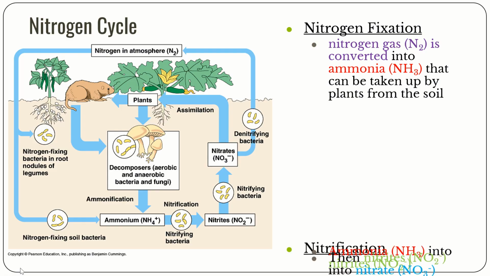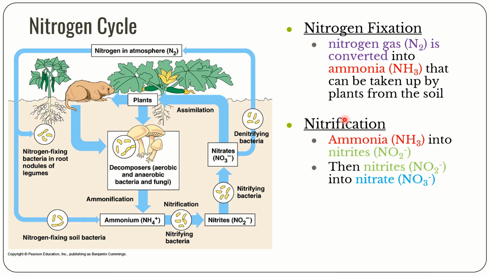There's another process called nitrification, which will convert ammonia or ammonium into two other forms that exist in the soil that can be used directly by living organisms. And by that, we particularly mean the plants, which will just absorb it. We call it assimilation on this diagram. And then those plants can be eaten by other organisms to obtain their nitrogen.